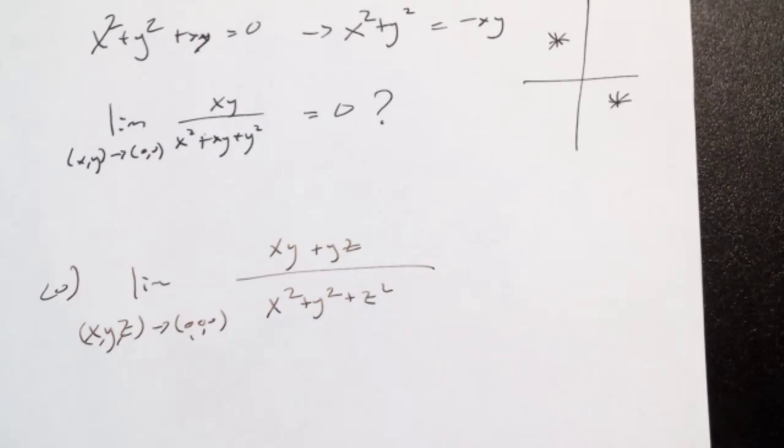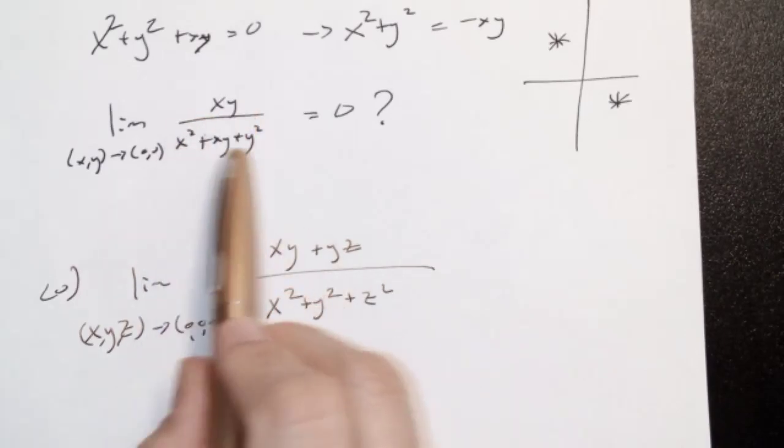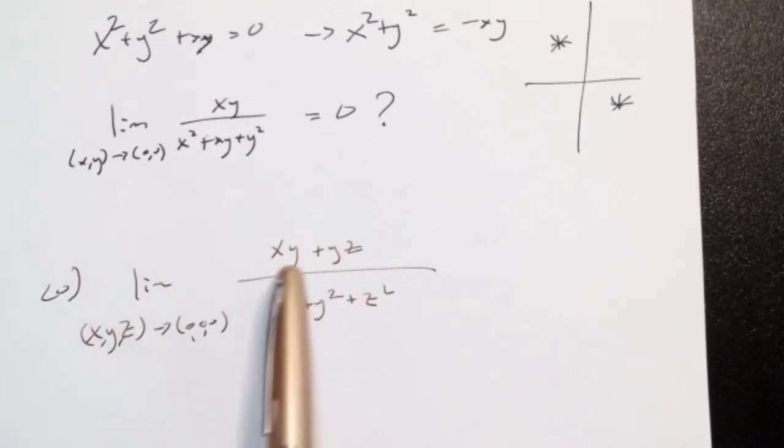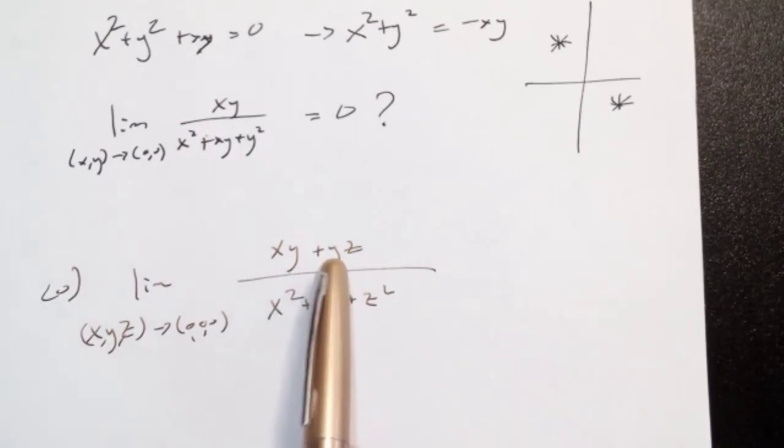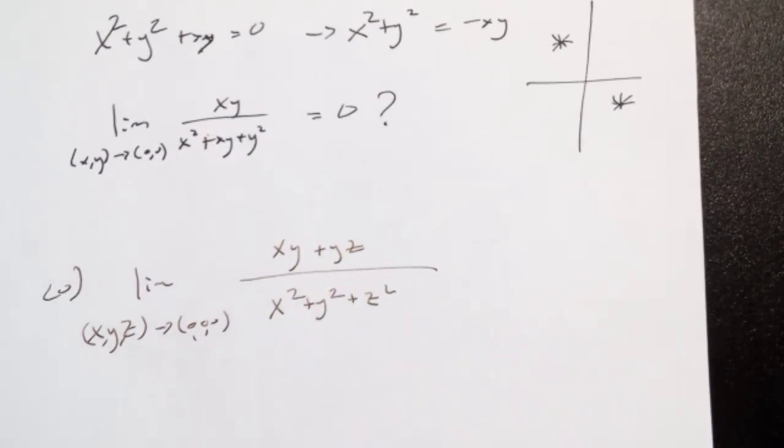I think this is easier than you think it is. Hang on a second. These are quadratics, aren't they? Everything here is a squared term. X times y, 2 variables, y times z, 2 variables, x to the second, y to the second, z to the second. They're all second powers.